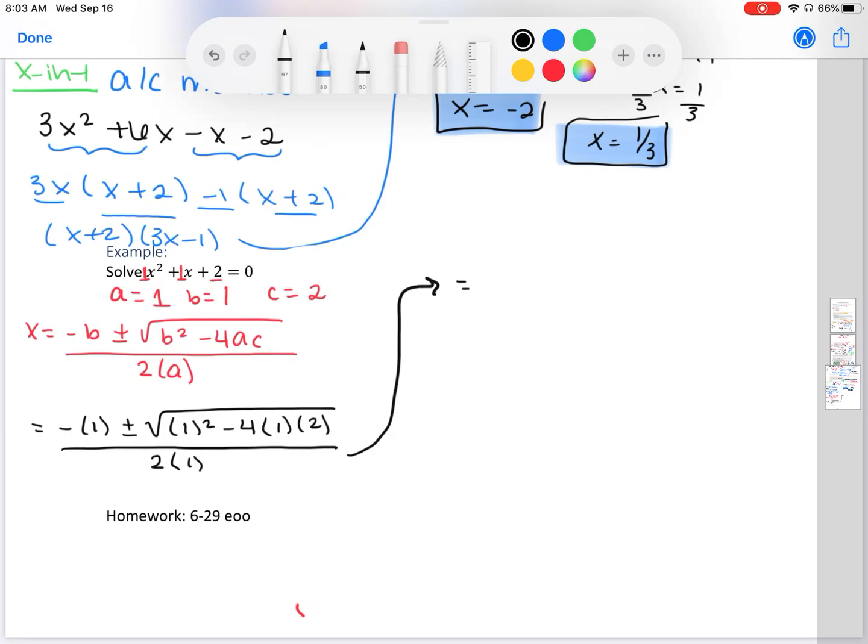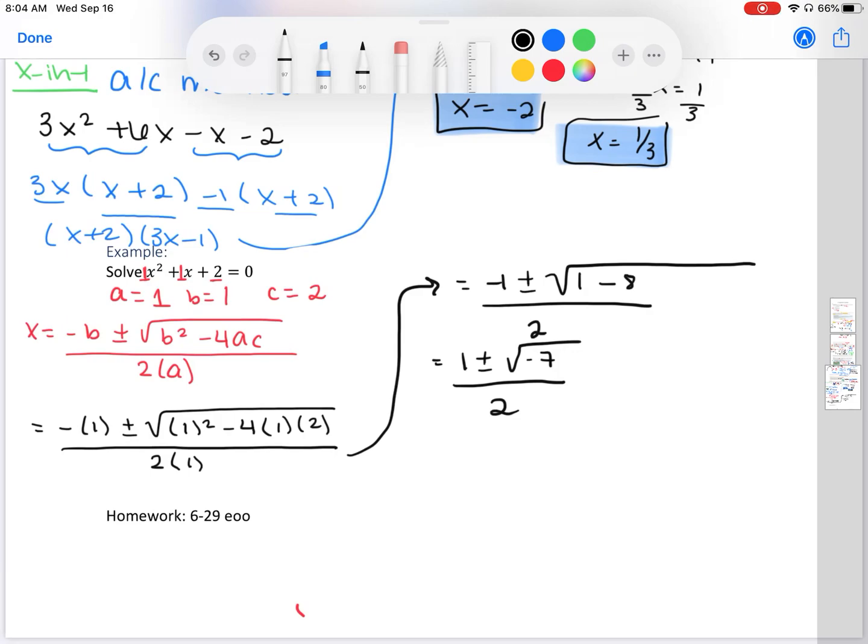So to begin, I'm left with negative 1 plus or minus the square root of 1 squared, which is just 1, minus 4 times 1 times 2, which is 8, divided by 2. I'm left with negative 1 plus or minus the square root of 1 minus 8, which is negative 7, all of it divided by 2.